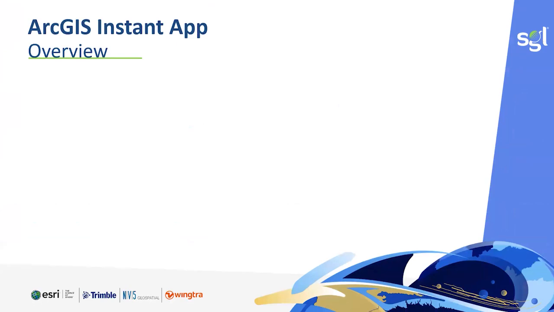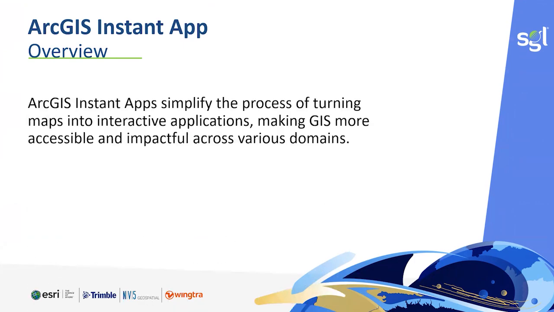You see, ArcGIS Instant Apps are pre-configured, ready-to-use web applications that allow users to create interactive mapping experiences in a quick way, and also it is easy to use, like I said earlier, without the need of coding. They're actually part of the Esri ArcGIS ecosystem, and they are designed to share maps, data, and workflows in a visually engaging and user-friendly manner.